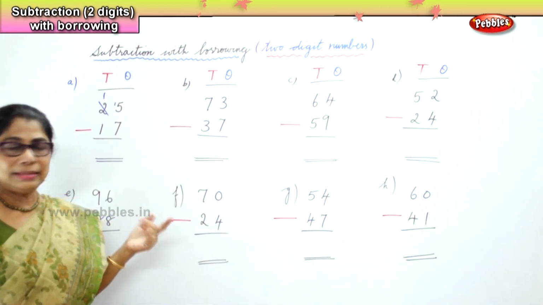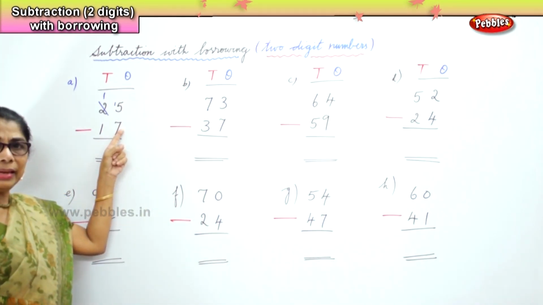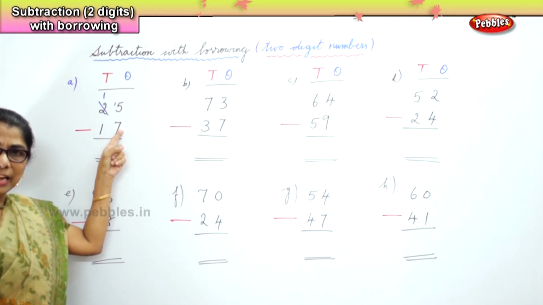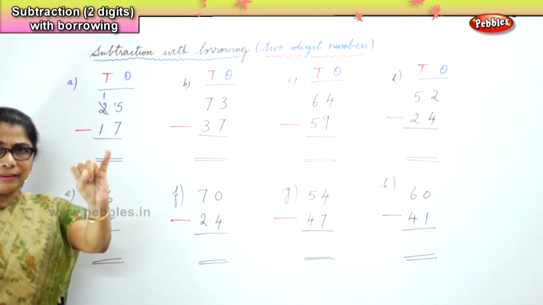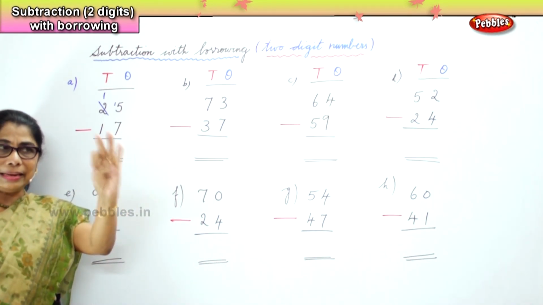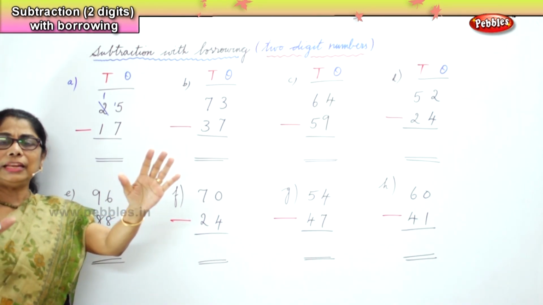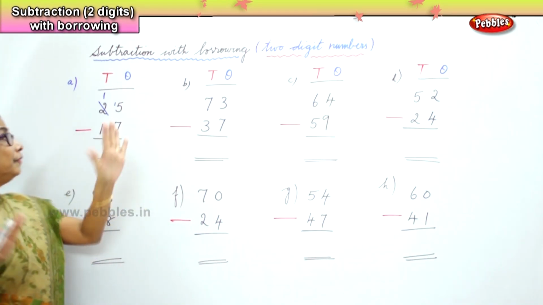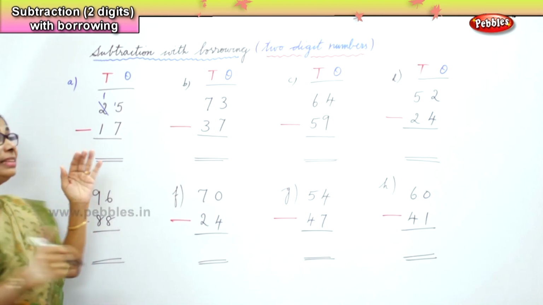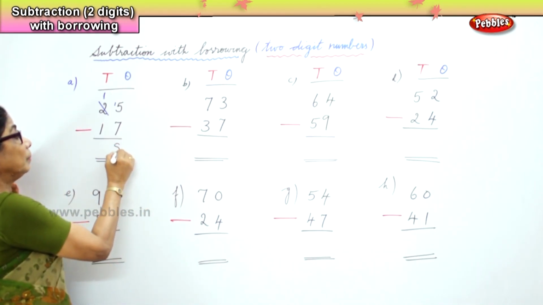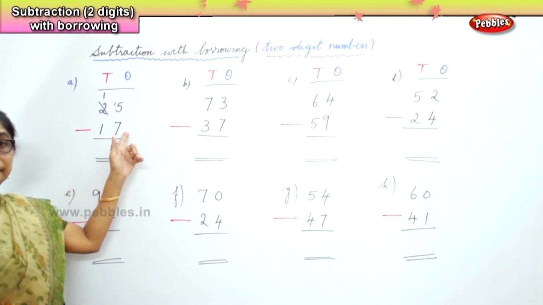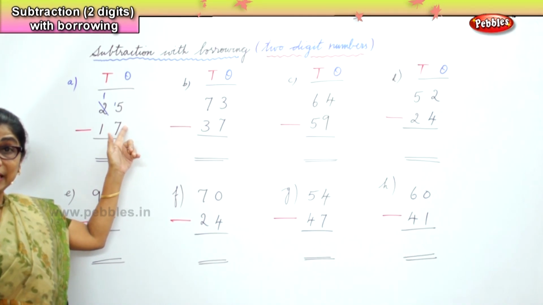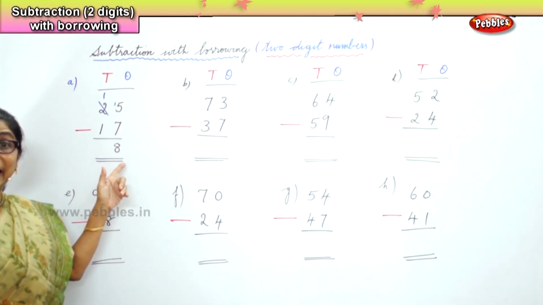What is 15 take away 7? Okay? After 7, 8, 9, 10, 11, 12, 13, 14, 15. 15 take away 7 is 8.